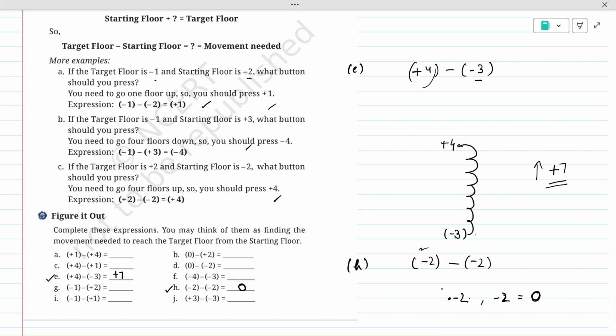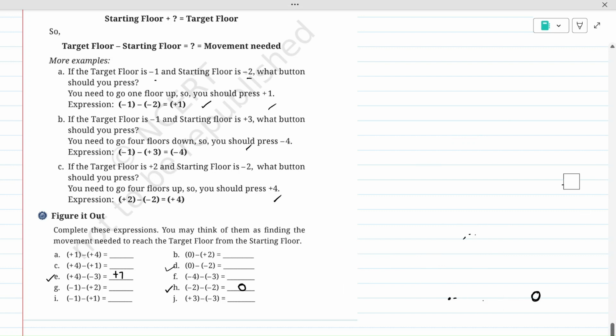Okay. Now let me also take another question. Let me do D also. This will help you to understand much better. Question D. In D, we have 0 and -2. So that means I have to reach 0.